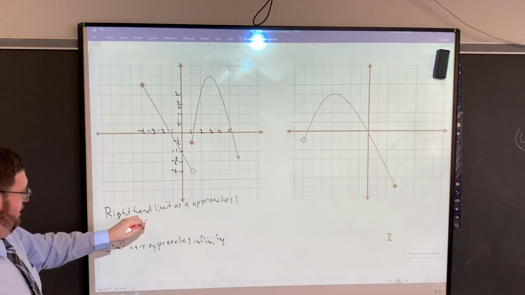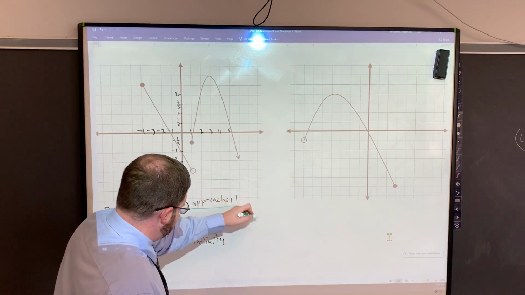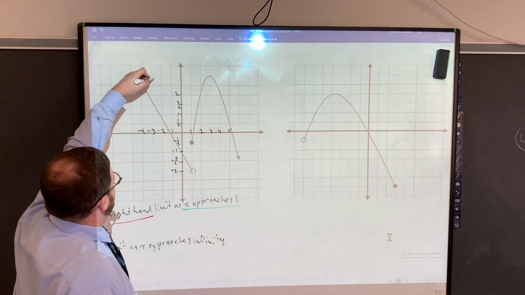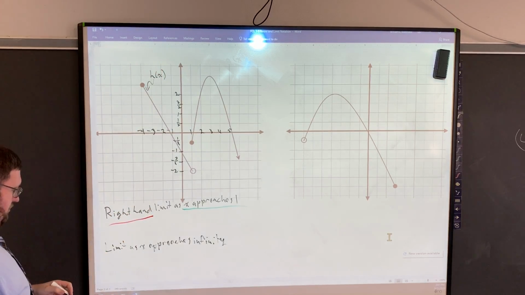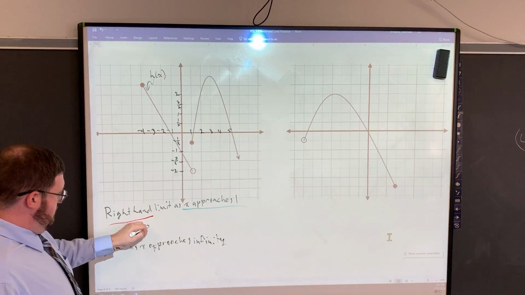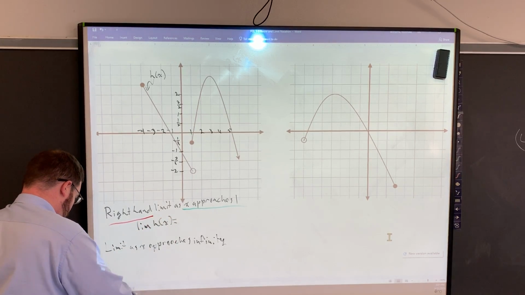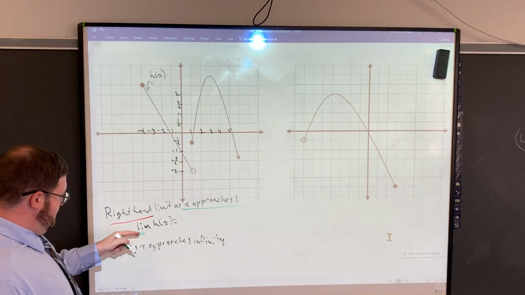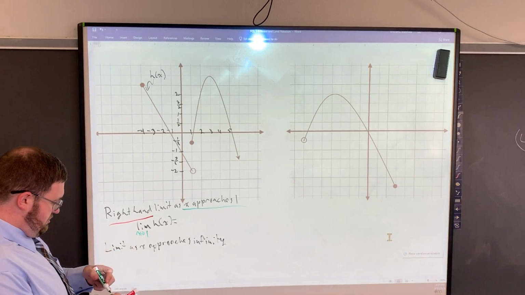So we have right hand, so we're starting on the right-hand side of the graph. X is approaching 1, so we are going toward an x value of 1. I'm going to label this h of x. I'm going to start off my notation. We've got the limit, LIM for limit, of h of x, x approaches 1.